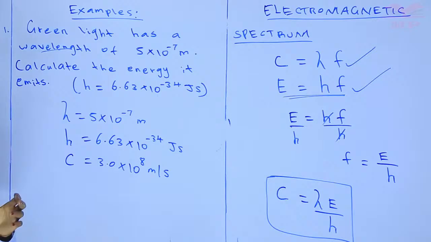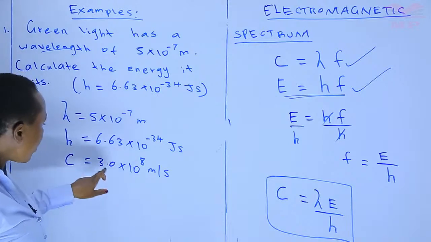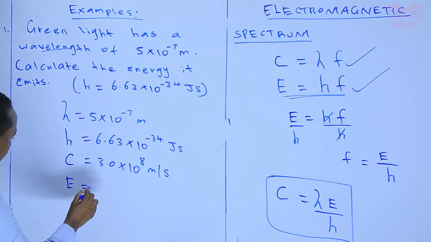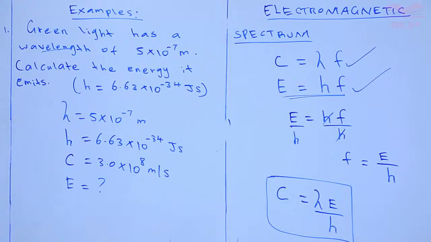So you may not be given the value here, but you know that green light is an electromagnetic wave, and electromagnetic waves travel at the speed of light, which is 3 times 10 power 8 meters per second. And we are told to calculate its energy.